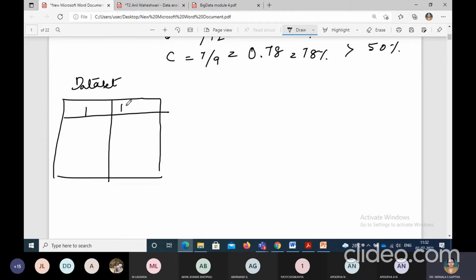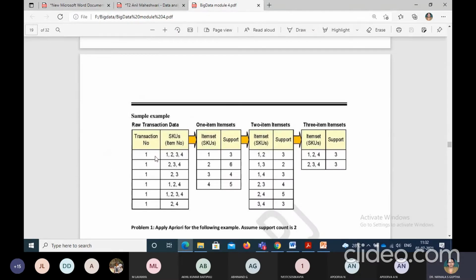Okay, let me write it once again, please. Okay, let me erase this. So 1, 2, 3, 4. So this is the first row of information.